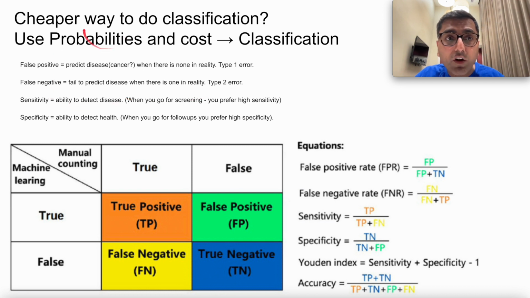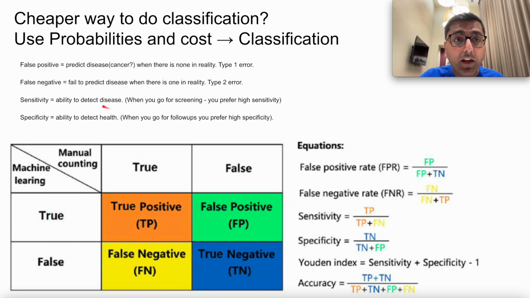Because each of these algorithms that will be built on probabilities will come with these type 1 errors and type 2 errors, it's important for us to know this. If you're going to use algorithms based on probabilities and cost, each one comes with type 1 and type 2 errors, and has its own sensitivity and specificity. So sensitivity is the ability to detect a disease.